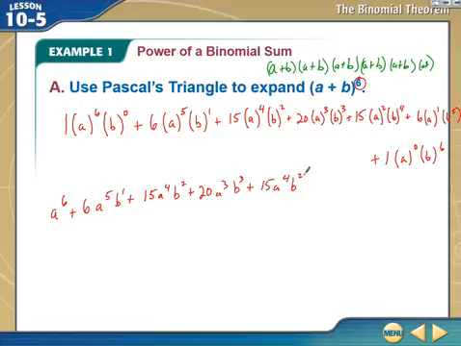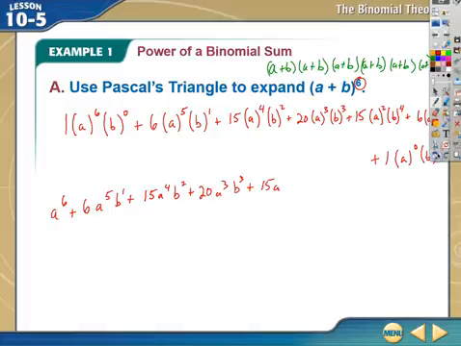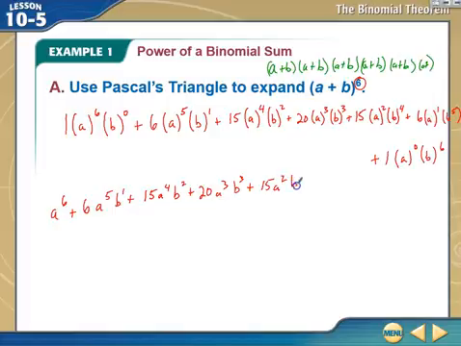Plus 15 a squared, b to the 4th. I messed that one up. Plus 6 a to the 1st, b to the 5th. Notice you don't have to put the 1 right there. Plus 1, now again here, a to the 0 means just times 1, 1 times 1, b to the 6th.